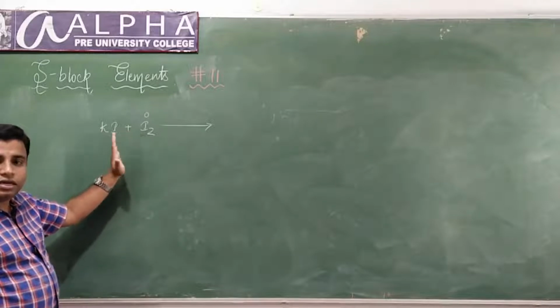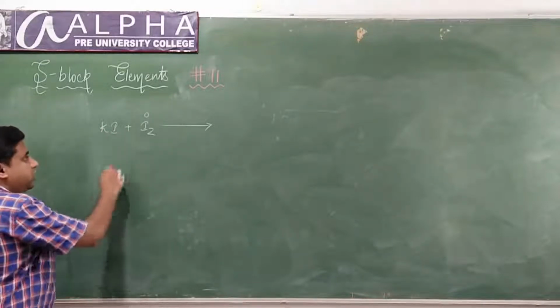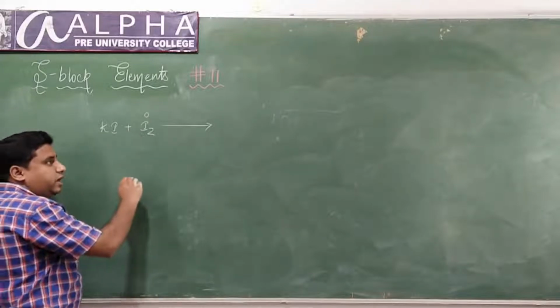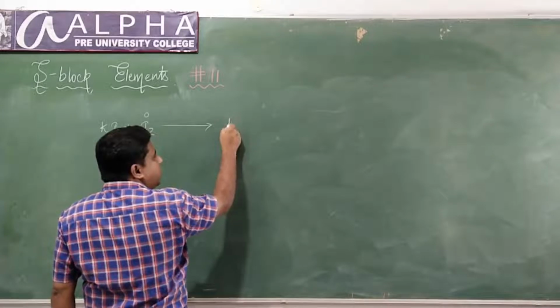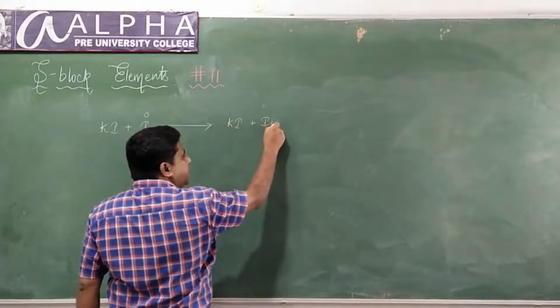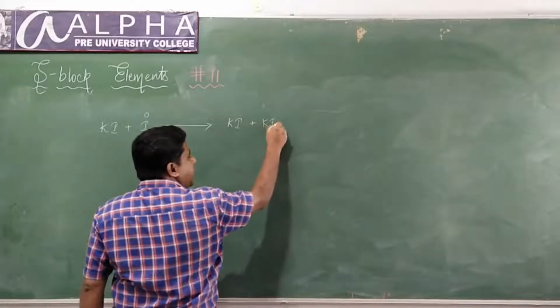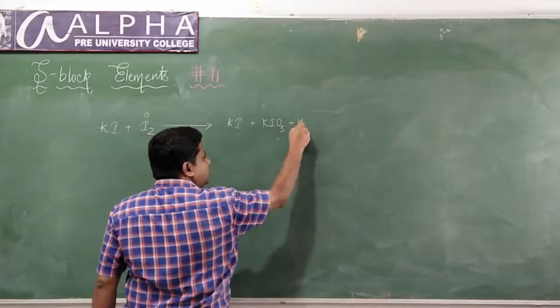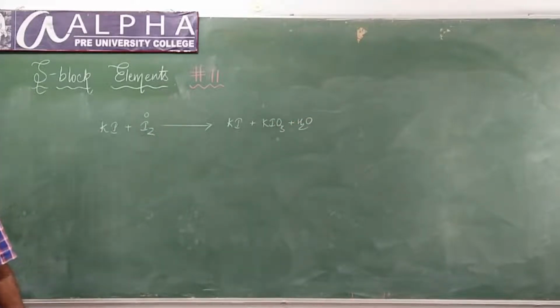Then an element will be both oxidized as well as reduced. We will be getting potassium iodide plus potassium iodate, KIO3, plus H2O. Okay, wait a minute, there is something wrong here.